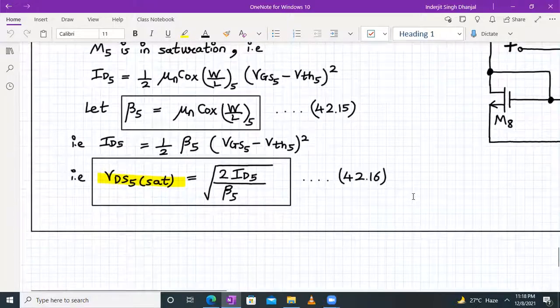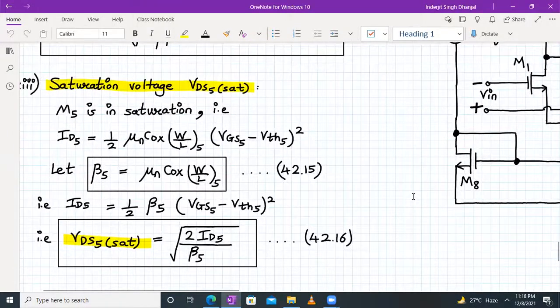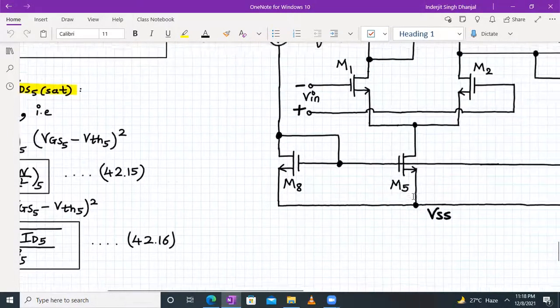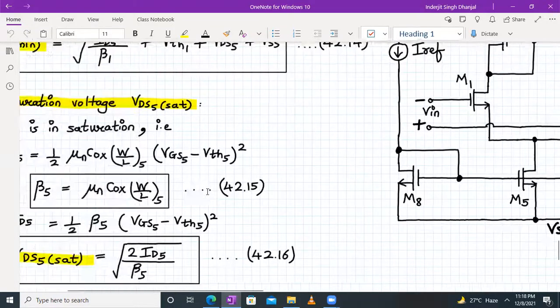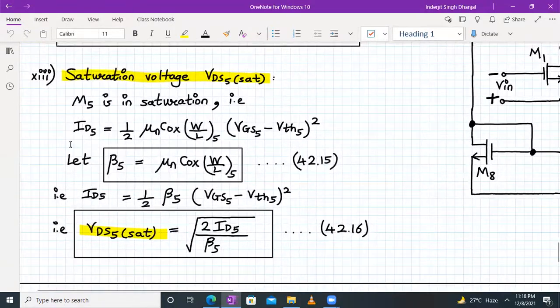Next, we calculate the saturation voltage VDS5 sat. For the M5 transistor to be in saturation, the drain current we can write as ID5 is equal to half of mu n Cox W by L of 5 into VGS5 minus VTH5 the whole square.